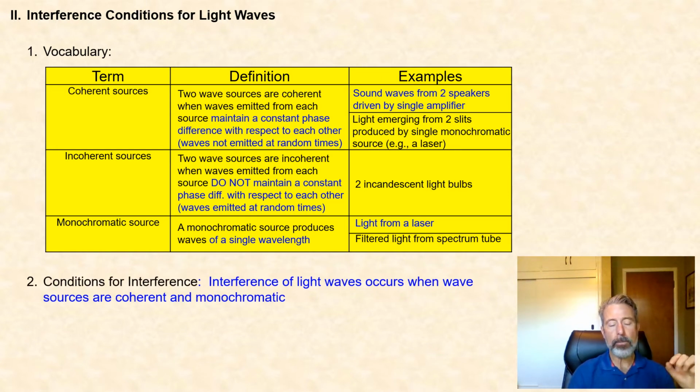So basically we can say this: the condition for interference is that light waves will interfere when the wave sources are both coherent and monochromatic. And it turns out that laser light meets both of these conditions. Light that is emitted from a laser is both monochromatic as well as coherent.